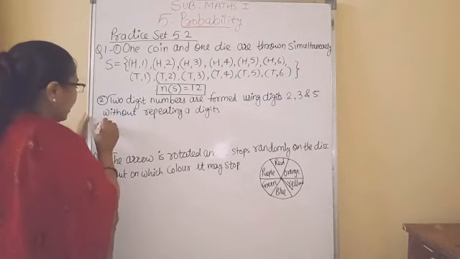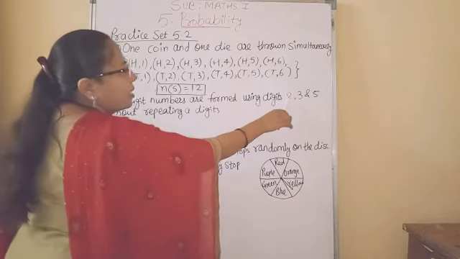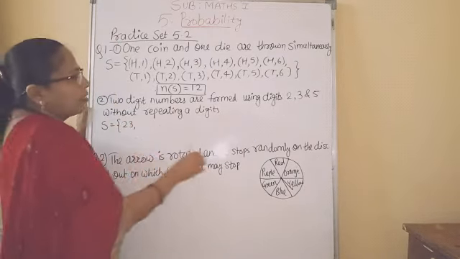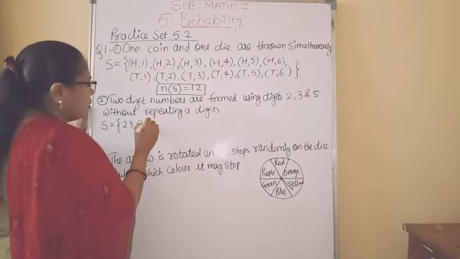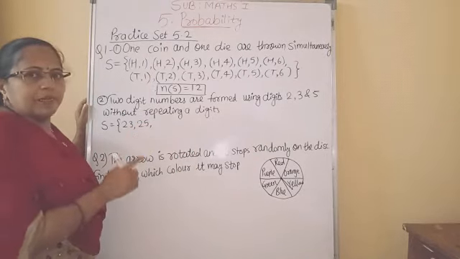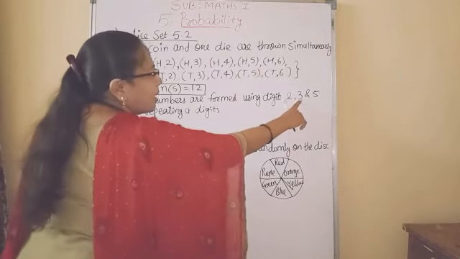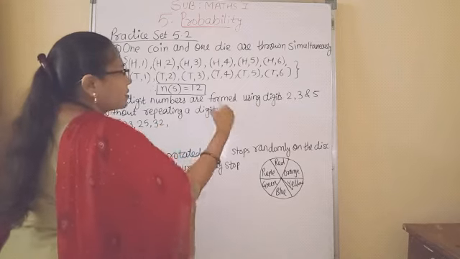So S is equal to, first number I will make 23. Second number 25. We don't have to repeat the digit, means we can't write 22. Now next number I will write 32. Next 35.